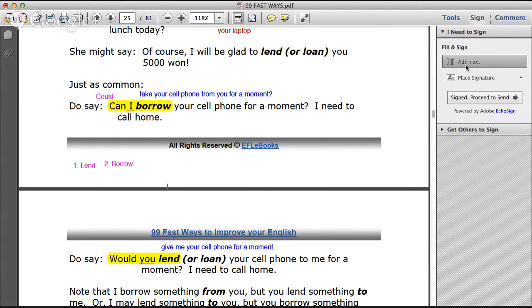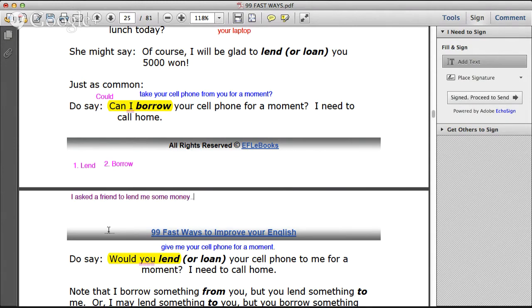I asked to a friend to lend me some money to travel to United States last weekend. So you said I asked to a friend. I asked a friend to lend me some money.